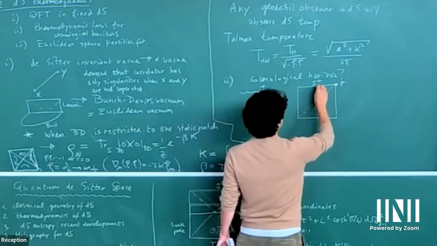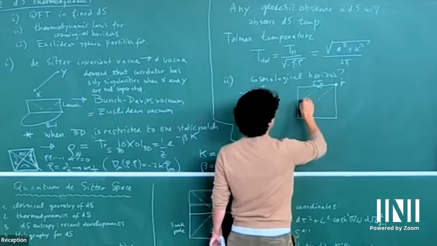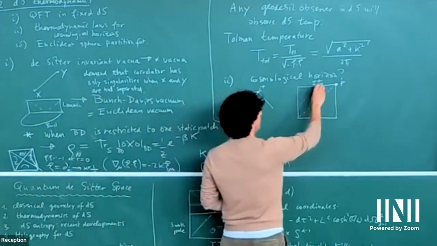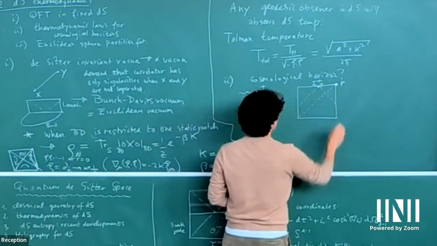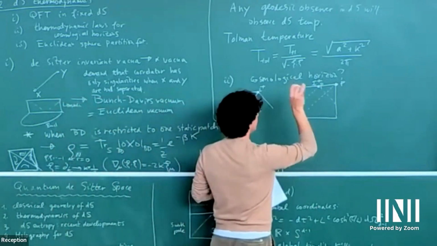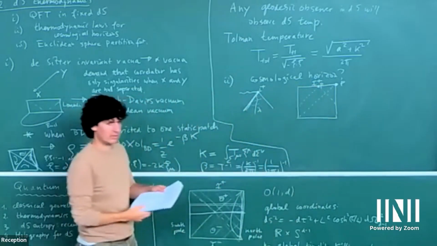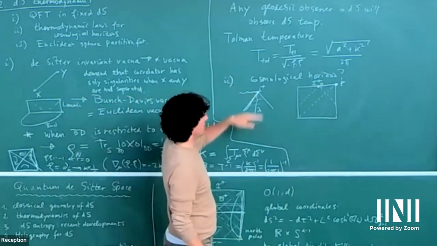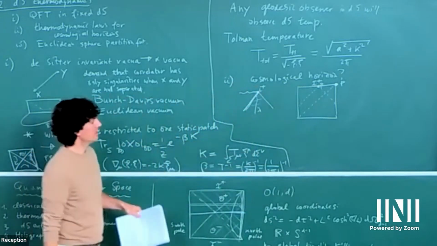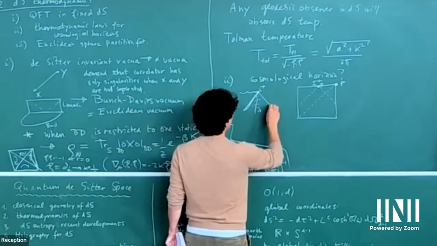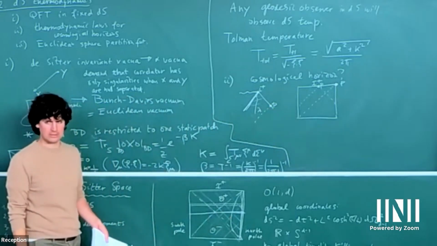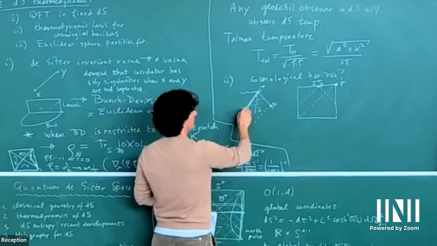But now, of course, you can also pick another point and draw the boundary of its past, and that defines a different cosmological event horizon. And so this is the observer dependence of the cosmological event horizon, in contrast to the case of the black hole event horizon, which is unique. But actually, you could have picked a different point here, and then you also have a causal horizon, but it's not the same black hole event horizon.